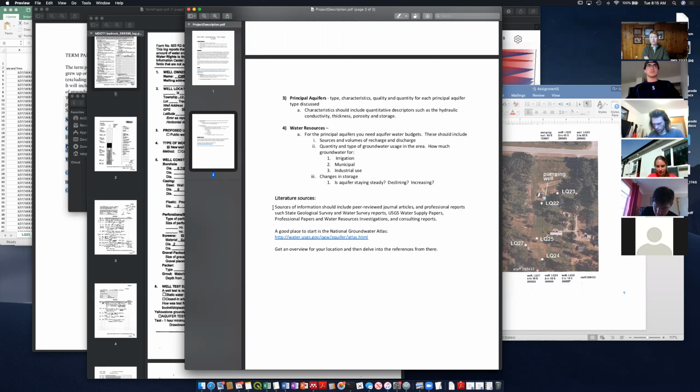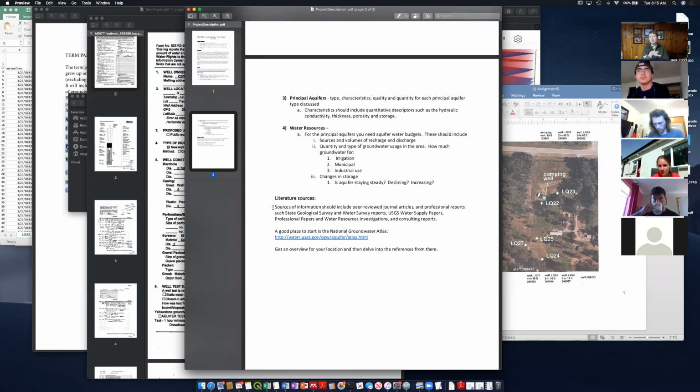Okay, so if you're working in the US, I've given you a really good starting place, and that's the National Groundwater Atlas. That's published by the USGS, and for each region, they break down the basic hydrogeology of that area.